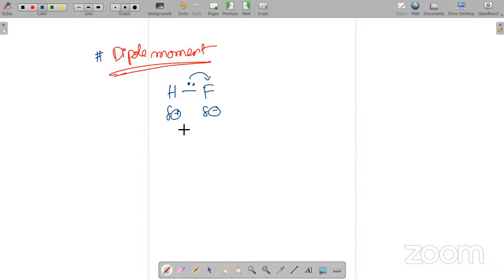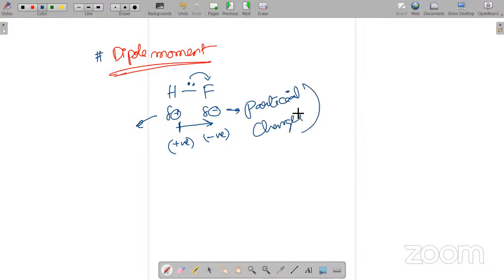So this is how the dipole moment works, as I told you. The electron cloud is shifting from hydrogen to fluorine. This is the direction of the electron cloud; the cross indicates the positive terminal and the head indicates the negative terminal. These are called partial charges.